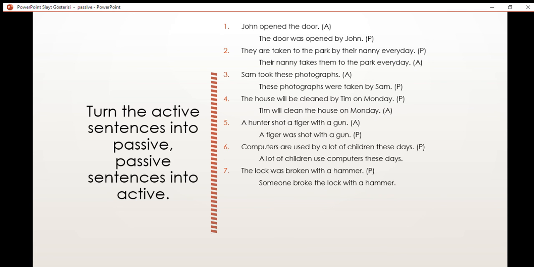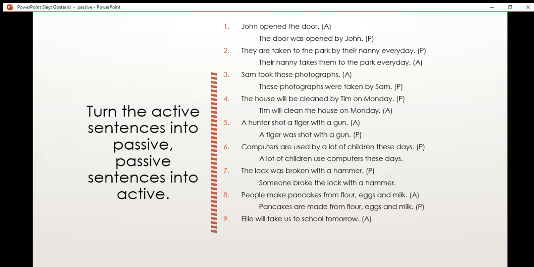Someone broke the lock with a hammer. People make pancakes from flour, eggs, and milk. Pancakes are made from flour, eggs, and milk. Ellie will take us to school tomorrow. We'll be taken to school by Ellie tomorrow.